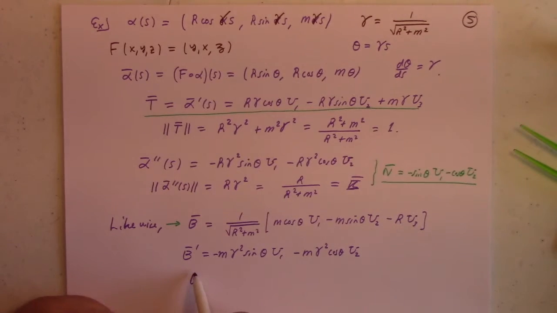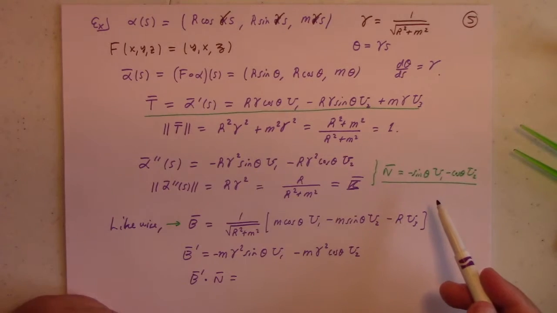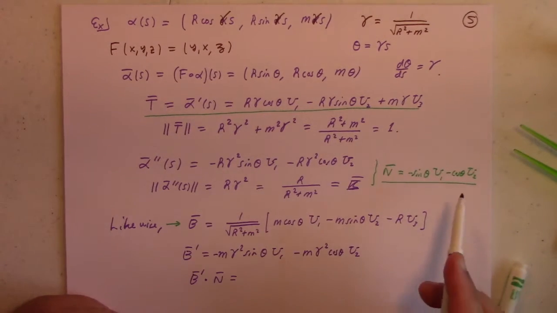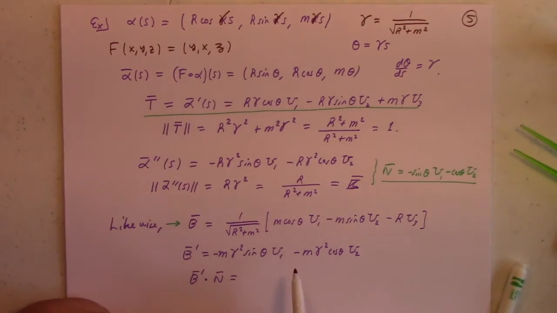So then when you calculate b bar prime dot n bar, what do you get? Well, you get sine squared, cosine squared, right? You notice that minus minus gives you plus, and so what you're going to get is m gamma squared, right? Which of course is m over r squared plus m squared.